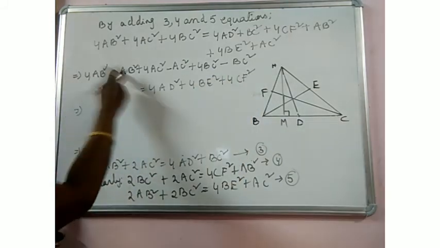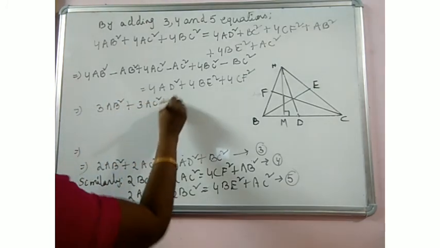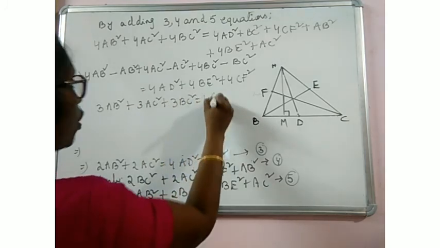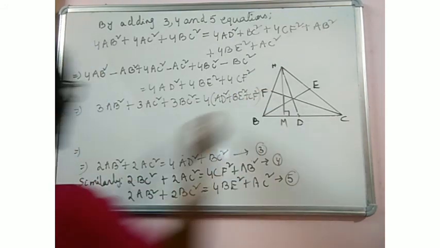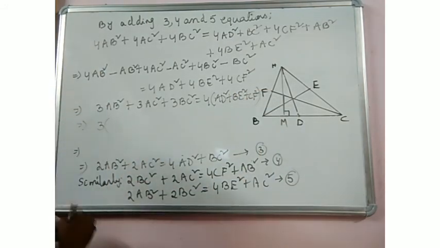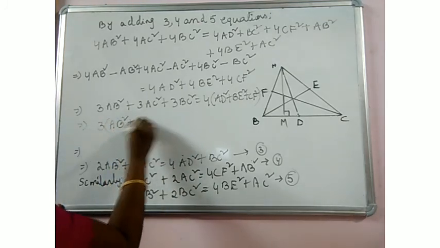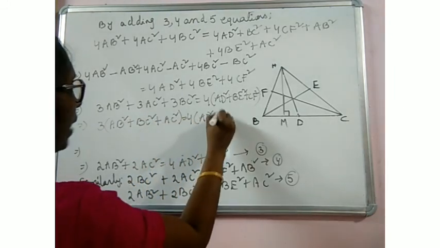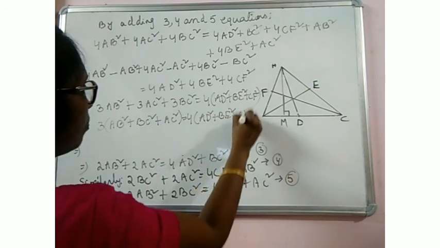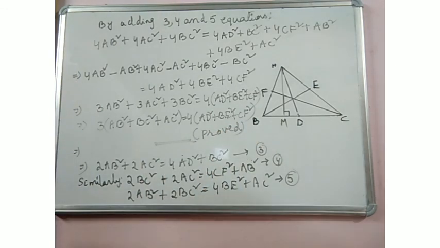Now 4AB square minus AB square is 3AB square, plus 3AC square plus 3BC square is equal to 4 common, AD square plus BE square plus CF square. Taking 3 common, 3 into AB square plus BC square plus AC square equal to 4 into AD square plus BE square plus CF square. That is what we have to prove, and that is proved. So with this we have come to the end of this question.